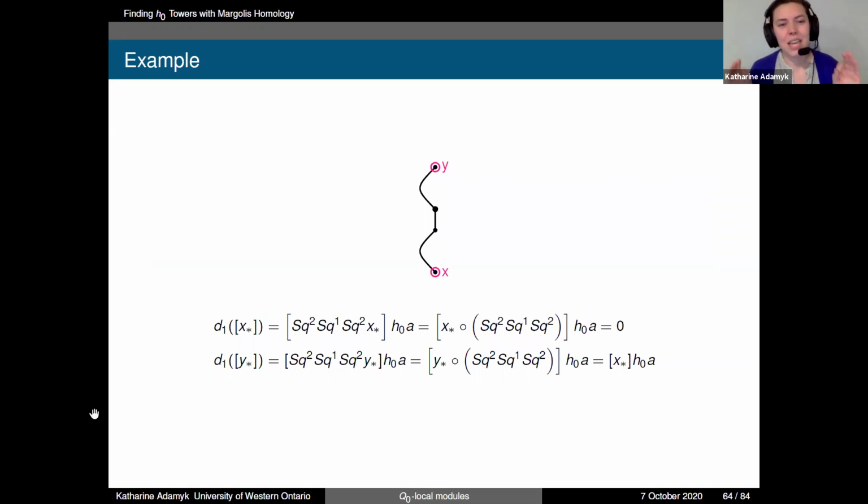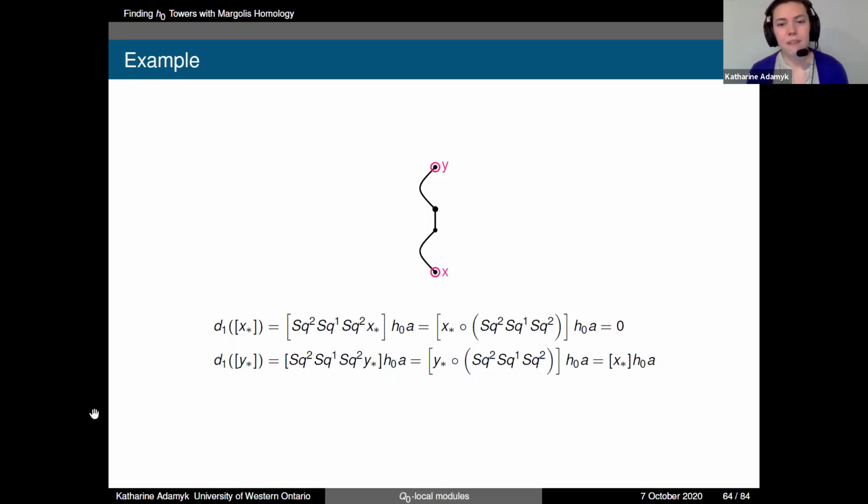Well, if I take the D1 differential on the classes X dual and Y dual, square 2, square 1, square 2 on X dual is precomposition of X dual with square 2, square 1, square 2, right? Nothing in the image of square 2, square 1, square 2 is going to be picked up by X dual, right? Because it's at the bottom of a module. There's nothing there that's in the image of square 2, square 1, square 2.